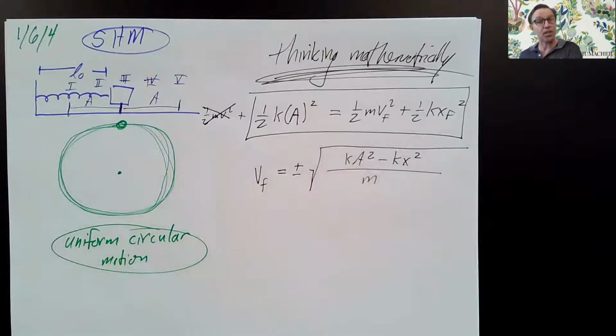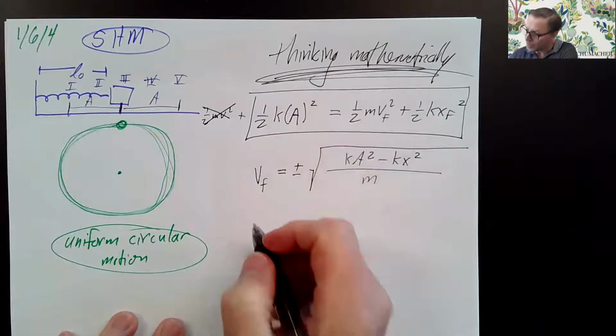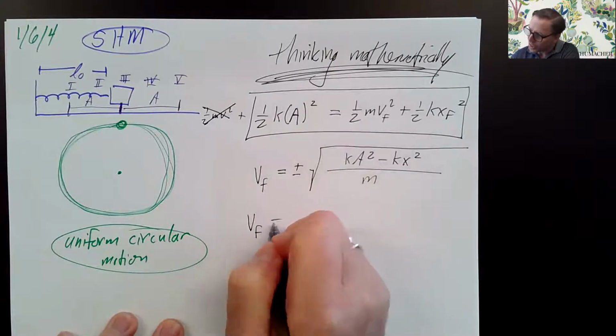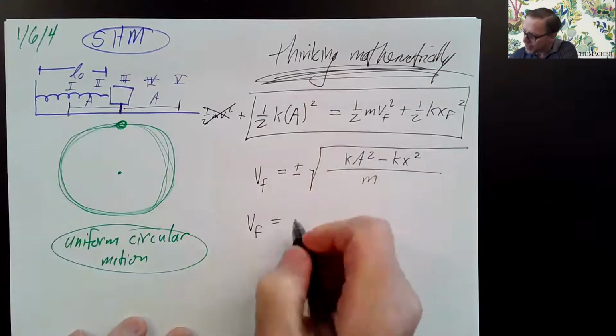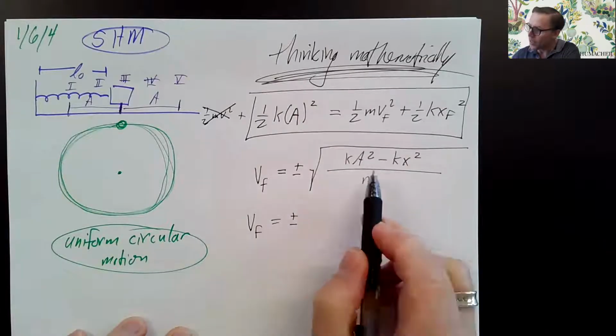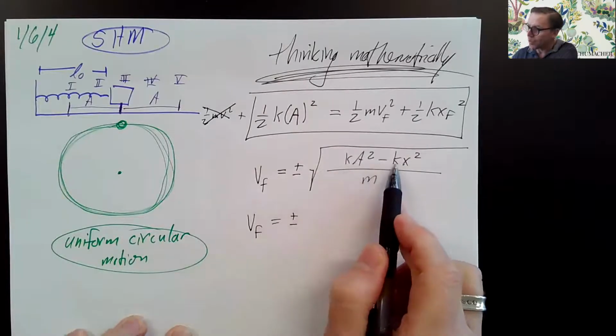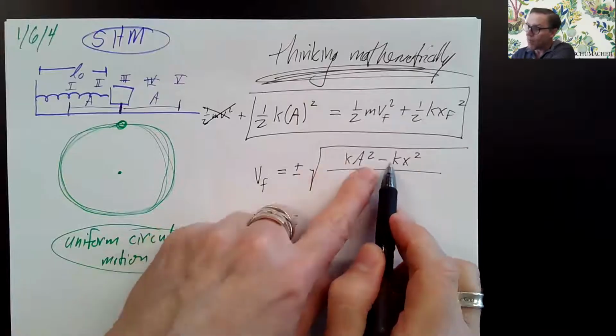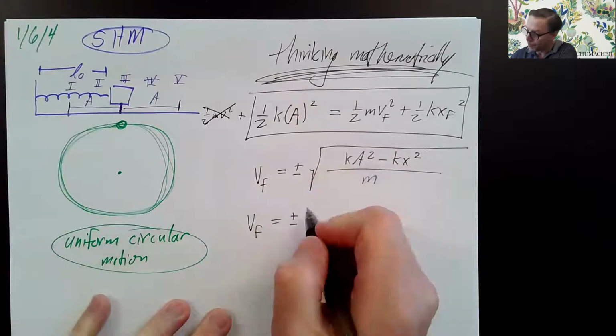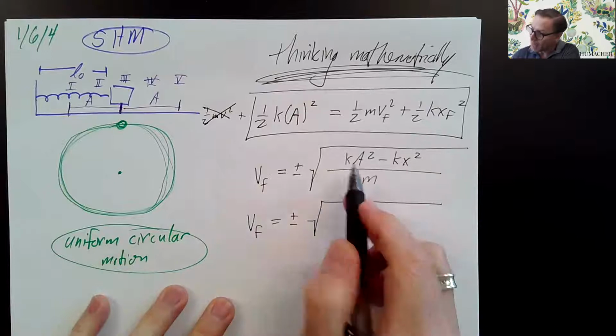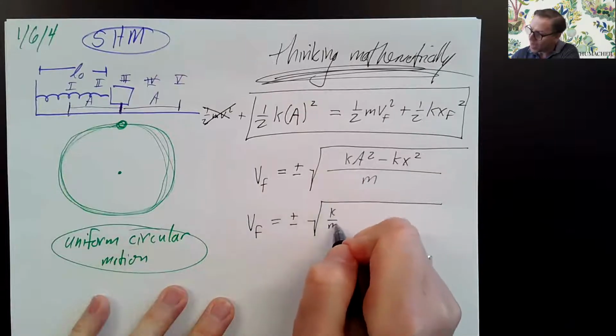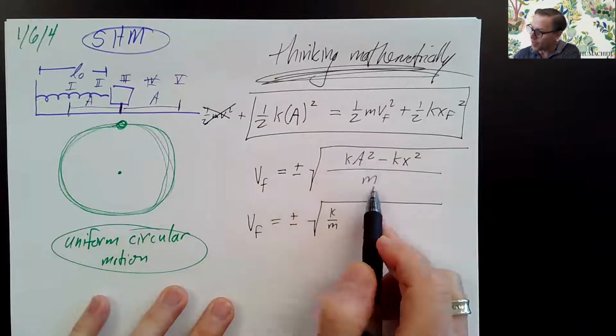Now, it doesn't look quite like that in your textbook. So let's massage this. Let's change it a little bit to get it to look like it does in the book. Do you see that there's a kA squared minus kx squared? There's a k in each term, so I can factor out that k. And then I have k over m, k in the numerator, m in the denominator.